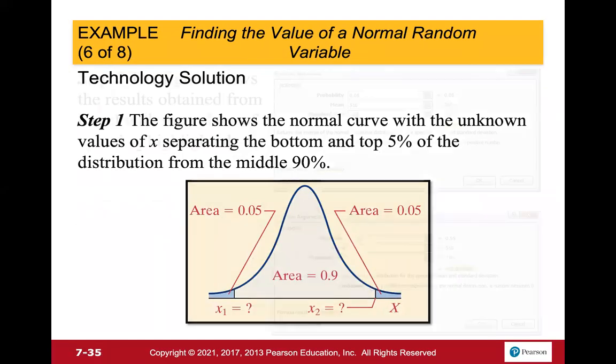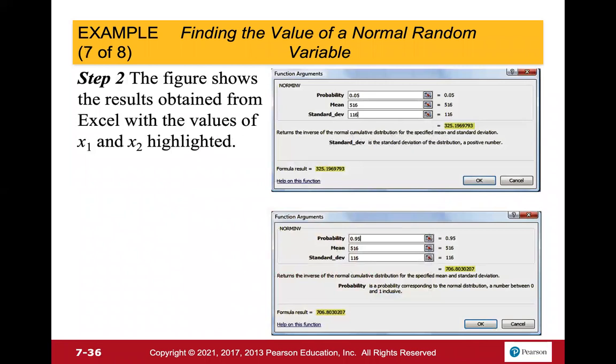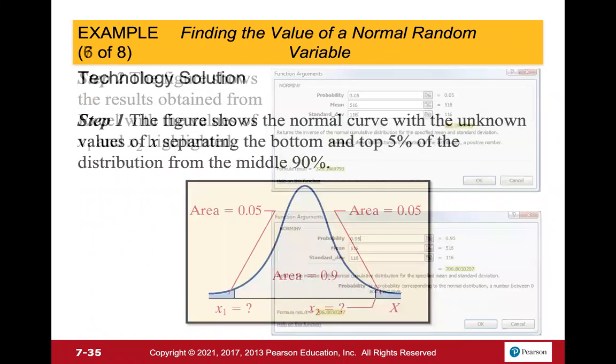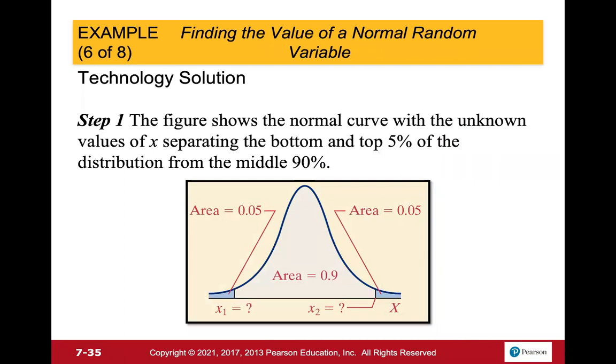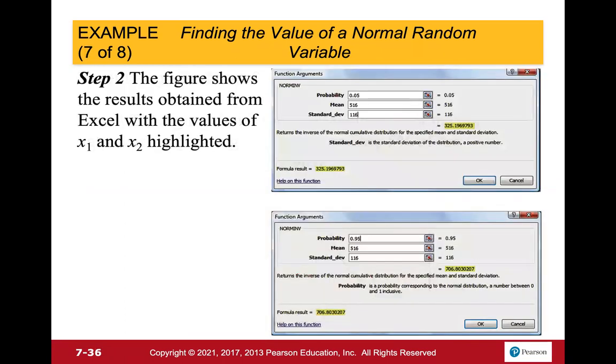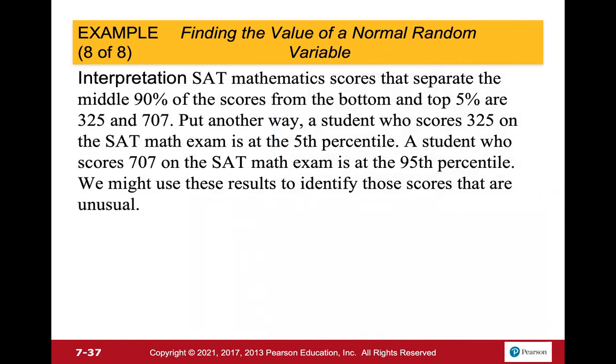So for technology, they use something a little bit different. What did they use? It doesn't look like they tell us. It might be StatCrunch or something different. And lastly, the interpretation. So SAT math scores that separate the middle 90% from the top 5% or the bottom 5% are 325 and 707.